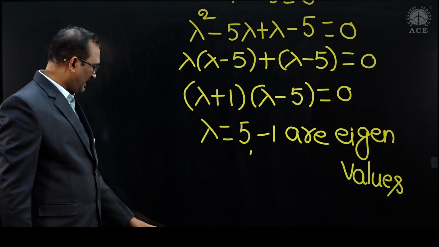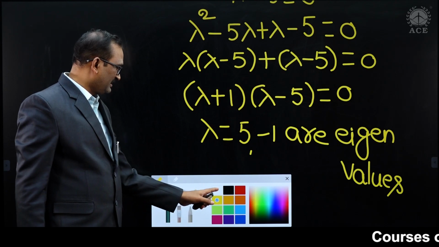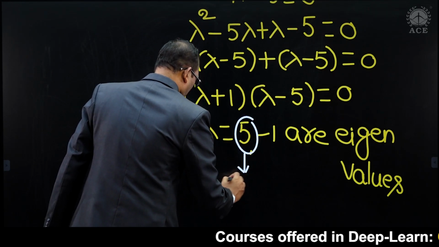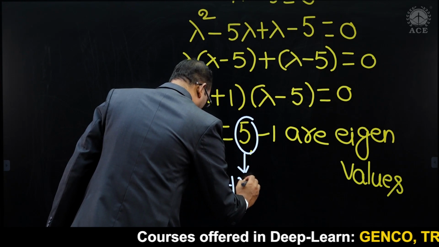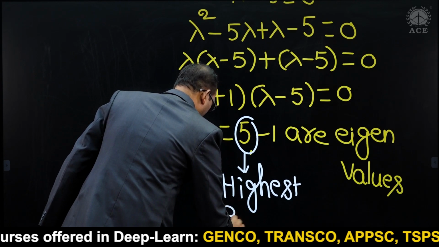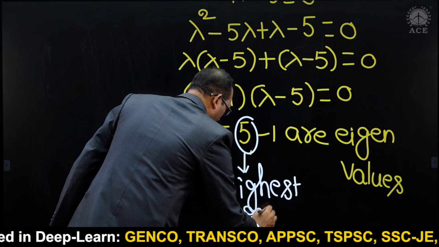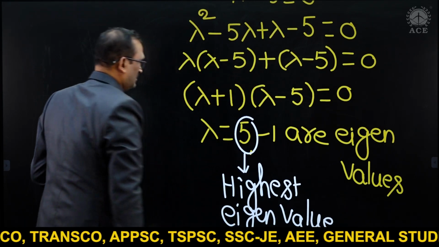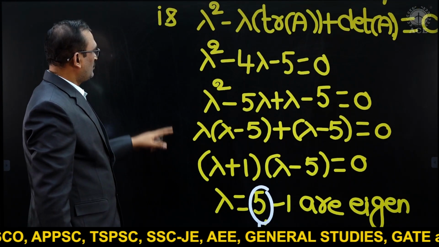We just need the highest eigenvalue. What is the highest eigenvalue? 5. 5 is the highest eigenvalue. So let us verify the options.